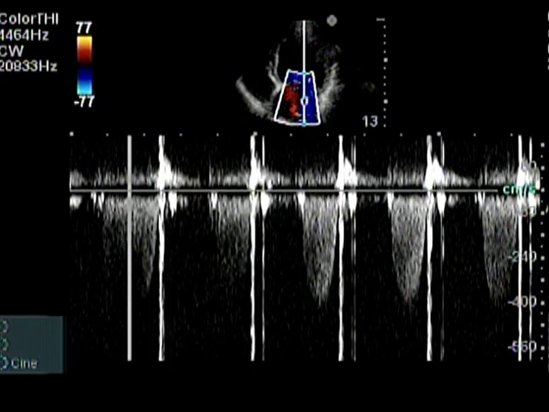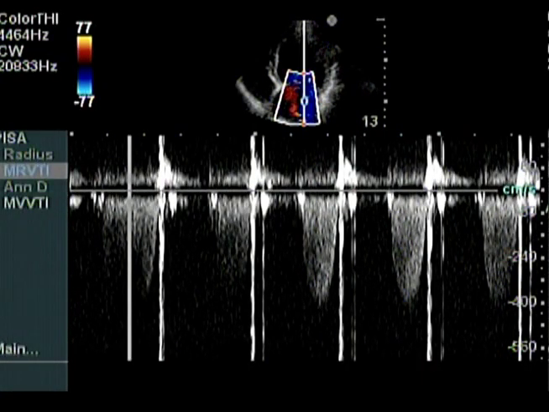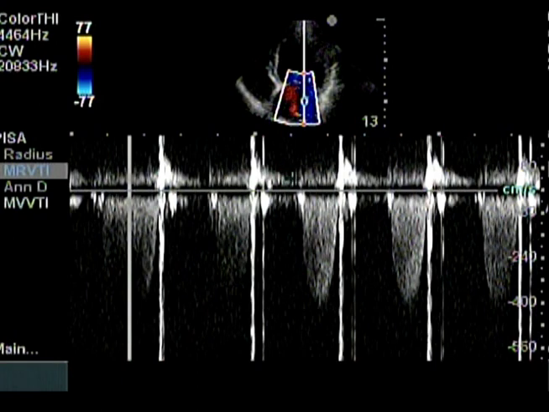This simplified Bernoulli equation is automatically calculated by most ultrasound machines when you measure maximum blood flow through any cardiac valve. The simplified equation does not account for flow acceleration, viscous friction, or flow velocity squared before the valve.